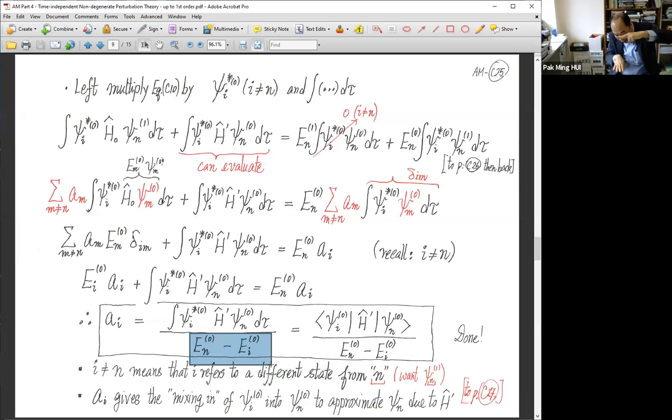Is it higher or is it lower than the state that is mixing in? This is the energy difference, okay? You may be asking how much this state affects you. This is the energy difference. Okay, do you follow me up to here?